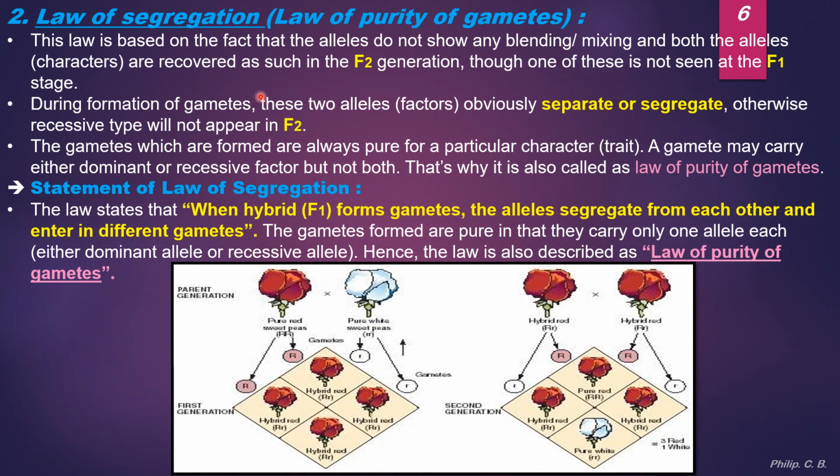As we learned in the first law, one which is expressive is seen, whereas the other, which is suppressed or recessive, is not seen. So the dominant one is seen and the recessive not seen, and it is clearly observed in the F1 generation. They don't mix or blend with each other, or in other words, as the law suggests, they segregate or separate clearly.